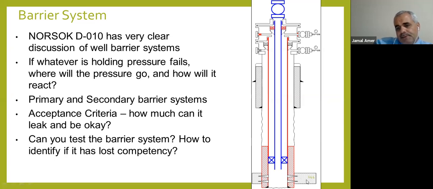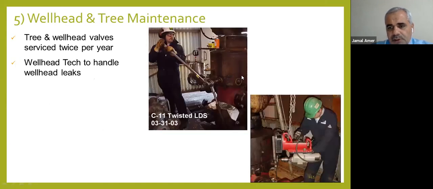As we see here, the blue one is the primary barrier. The secondary barrier comes into play when the primary barrier fails. Here it's the red one. We call this the secondary barrier. We'll talk about them in detail.